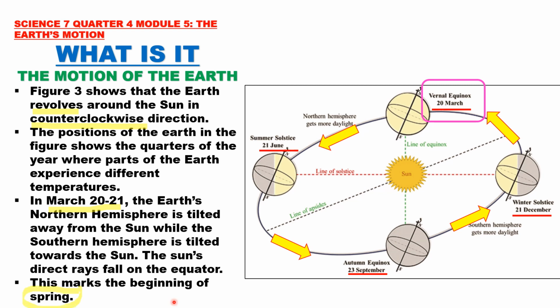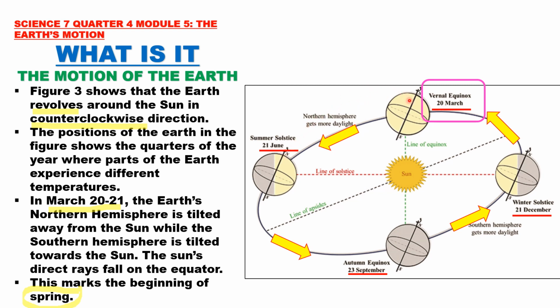In the illustration, we could see that during the month of March, the northern hemisphere is tilted away from the sun, while the southern hemisphere is tilted towards the sun. During March, the sun's direct rays fall directly on the equator. So in the northern hemisphere, days are becoming longer and nights are becoming shorter in preparation for the next season, which is summer.